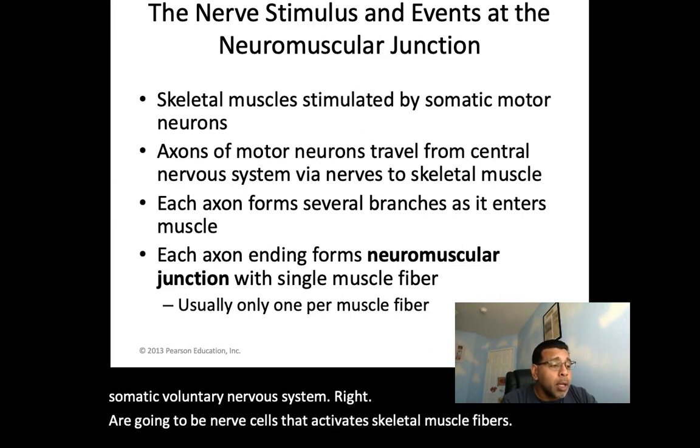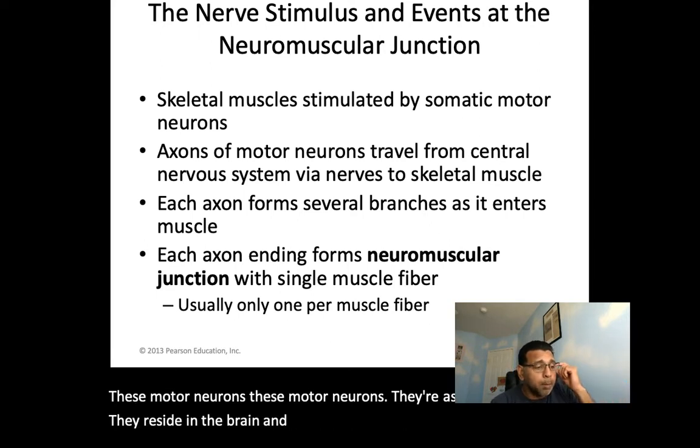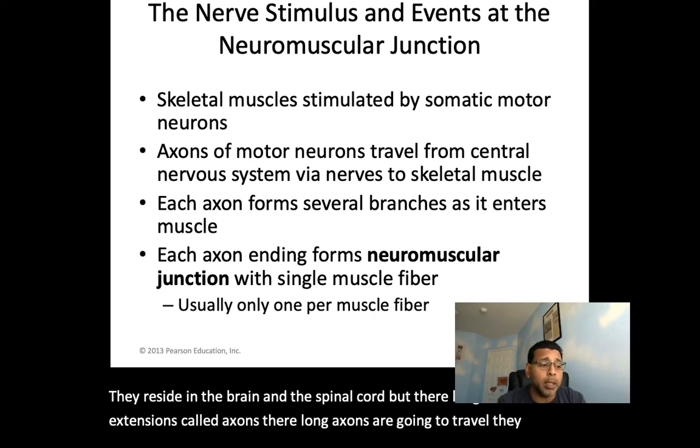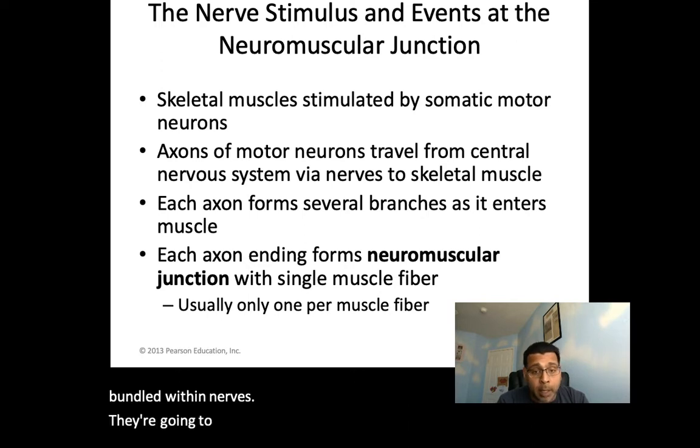These motor neurons reside in the brain and the spinal cord, but they have long, thread-like extensions called axons. Their long axons travel bundled within nerves to the muscle cells.